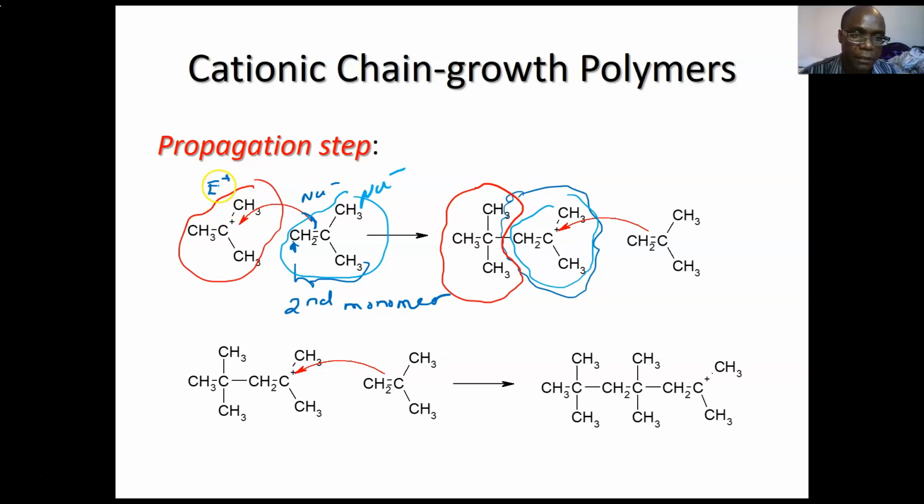The other one circled in red played the role of an electrophile. It's attacked by the nucleophile by Markovnikov addition, which states that the electrophile should end up on the sp2 carbon of the alkene that has more hydrogens, which happens to be this CH2. So this CH2 accepts the circled group in red, which is this.